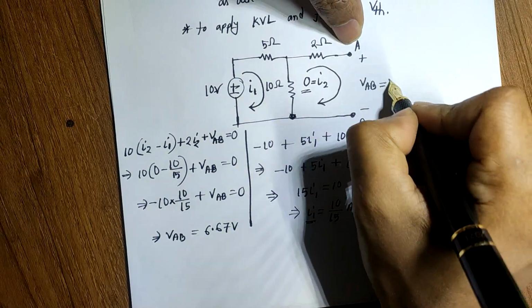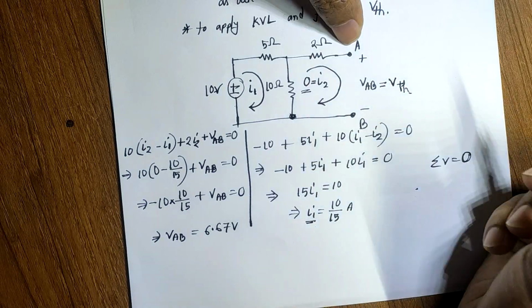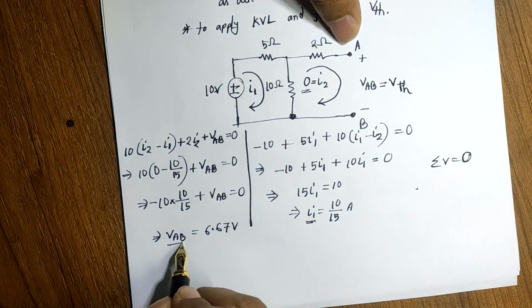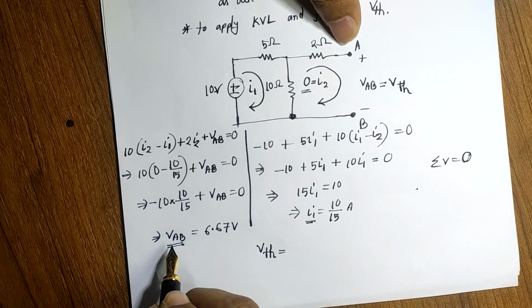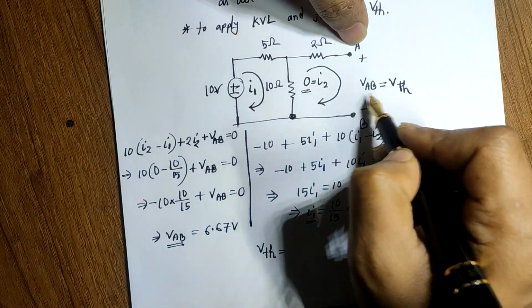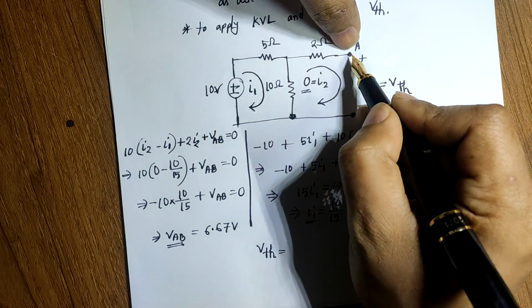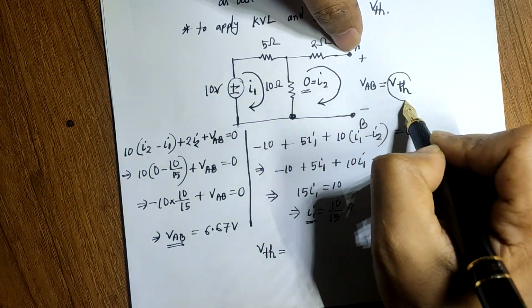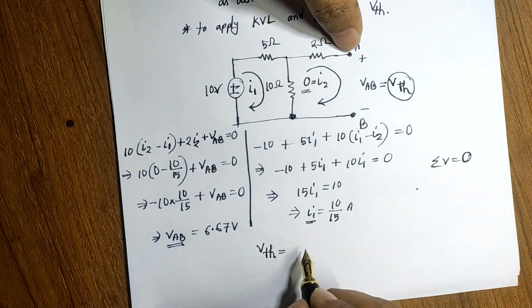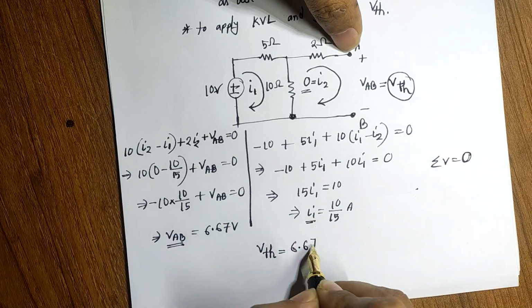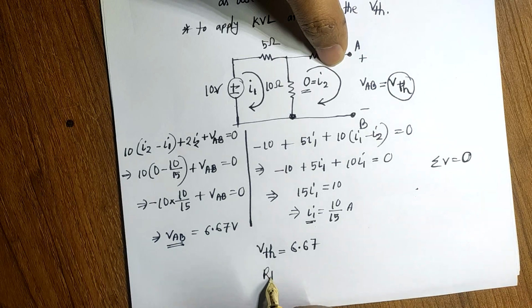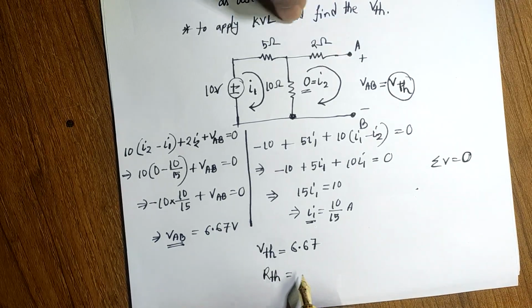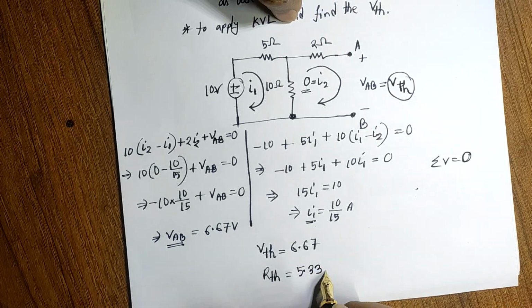Now the voltage across these two terminals, that means A and B, which we wrote as VAB, is actually our VTH, that means Thevenin's equivalent voltage. Since we have found the value of VAB, that's our value of VTH, because these two are the same thing. So VTH is 6.67. Using step number 1 and 2, we determined the value of RTH, which was 5.33 ohm.